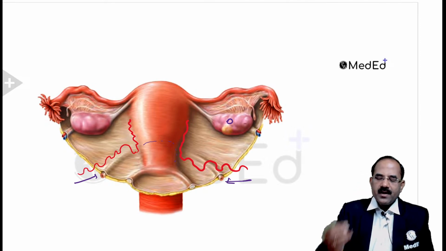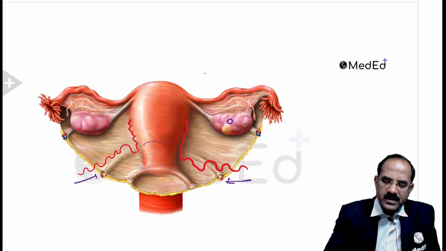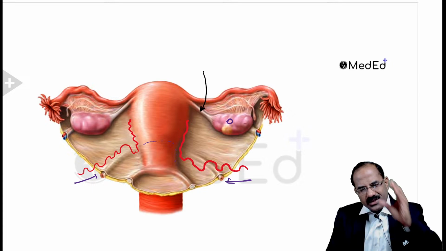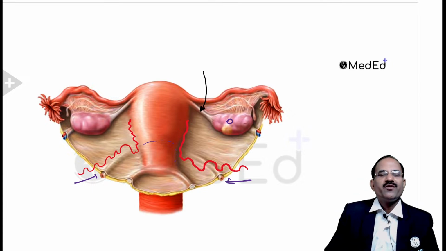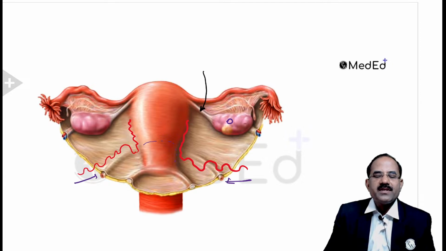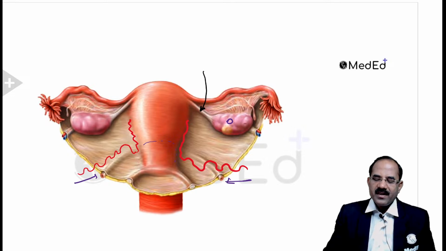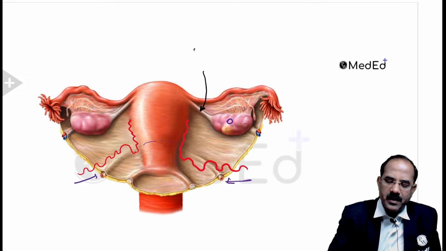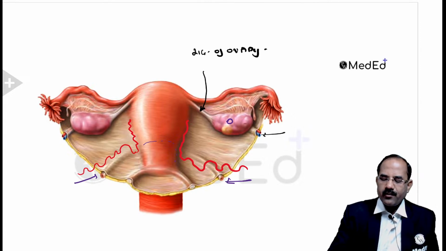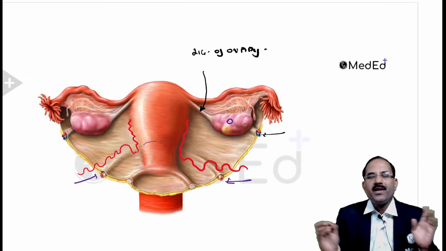Perfect. Students, can anyone tell me what this ligament is known as? A ligament which extends from the ovary to the cornu of the uterus. This is the ligament of the ovary. And what is this ligament, from the ovary to the lateral pelvic walls?